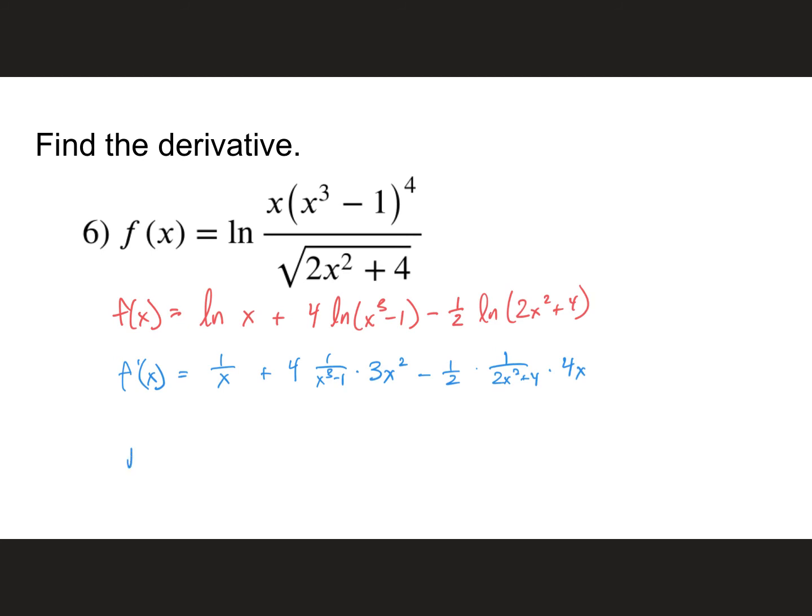When I simplify this all down, what do I end up with? I end up with 1 over x, plus 12x squared over x to the third minus 1, minus, well, when I simplify this all down, that 1/2 times the 4x would just turn into 2x over 2x squared plus 4.